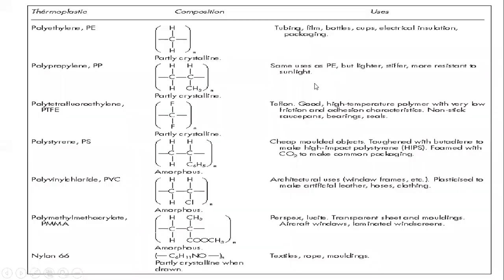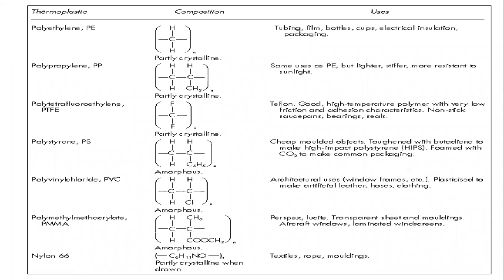In this class, we are going to define more about these two resins, that is matrix resins. Going to the first slide, this slide is all about thermoplastic resins and their composition and uses.